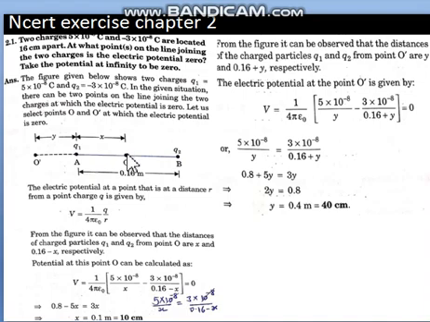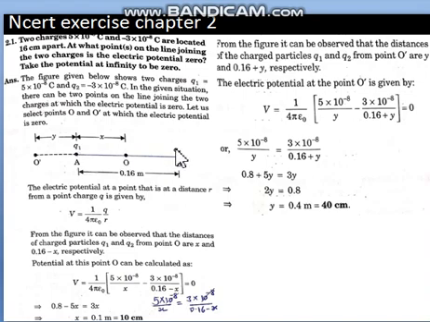Because two charges are given, each of the charges will produce voltage here. Voltage due to the first charge here will be k q1 by x. So k is common, q1 is 5 into 10 raised to power minus 8 upon the distance x. This is the voltage formed by the first charge.